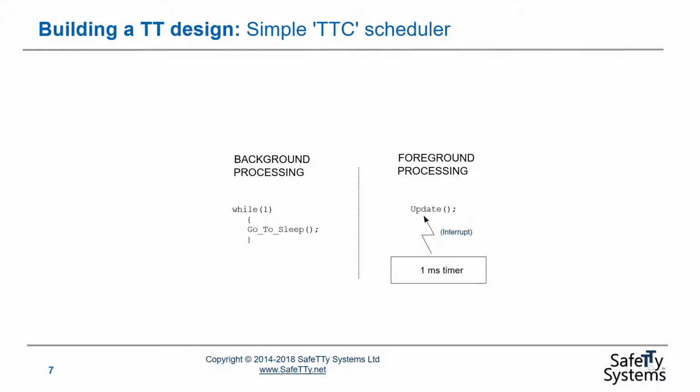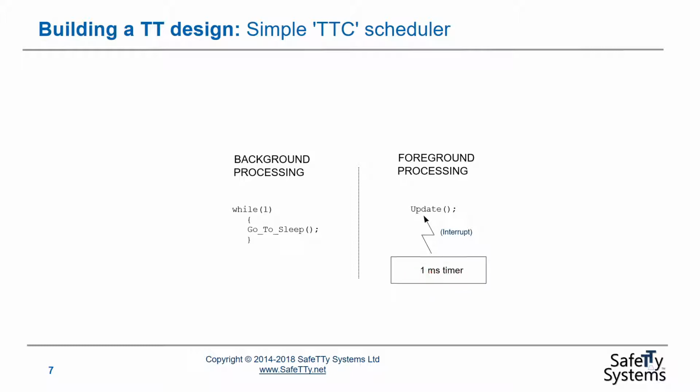So let's look briefly at how we might begin to construct such a system. We might have a simple code framework illustrated on this screen. This might be sitting in our main loop, where we simply put the processor to sleep. The main operation of the system is controlled by a 1 millisecond timer tick here.